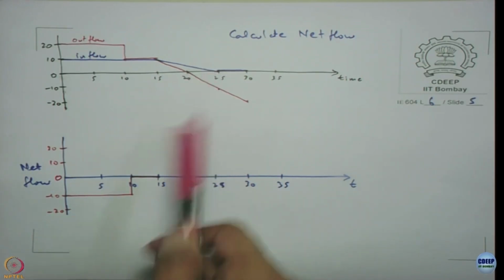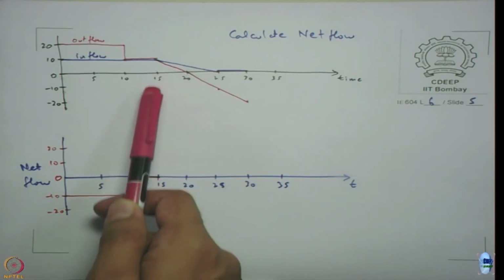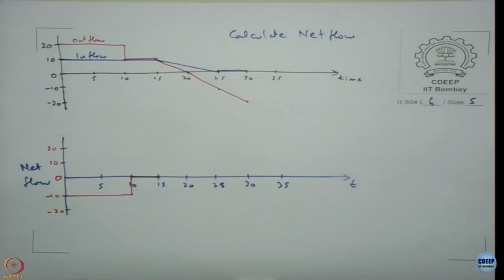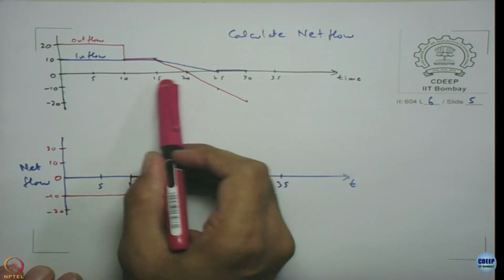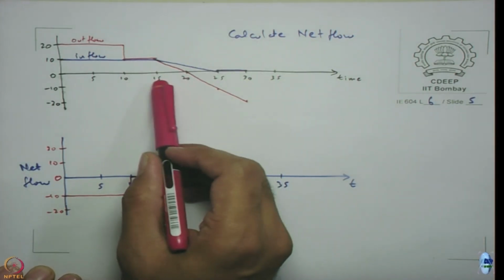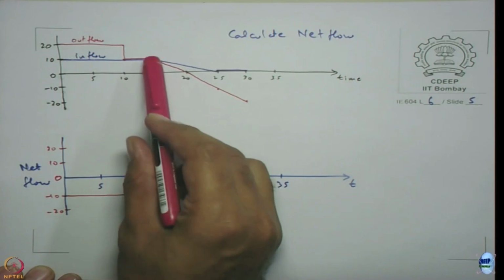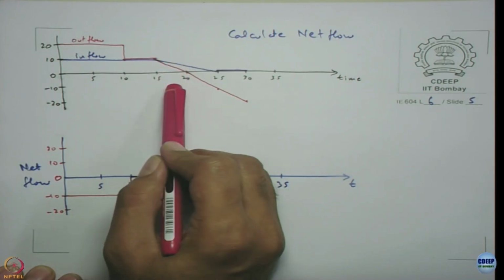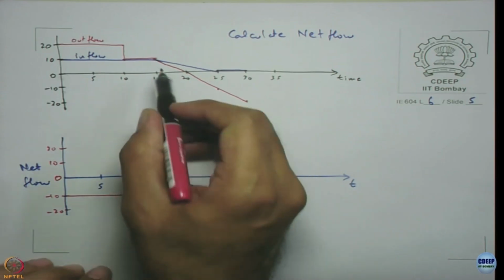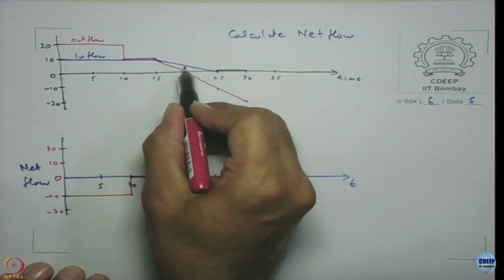At time 20 outflow is reduced by so much, and inflow, what is the area under inflow and the area under outflow? We do the subtraction. Area under outflow from here to here is 25, half into 5 into 10 is 25. Area under the inflow graph, if you see, you have a rectangle here and then a triangle here.